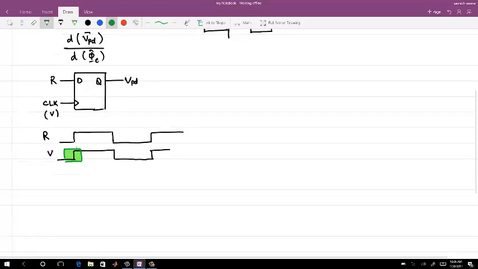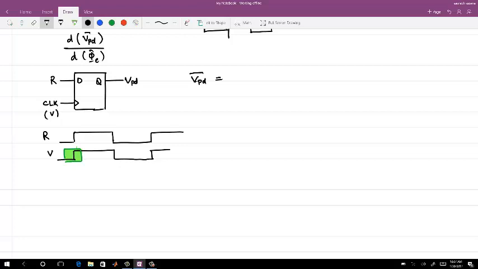So now, if I ask what is the average value of VPD, what is the way to proceed? R is coming at a fixed instant of time in absolute time reference, whereas the clock edge is coming early or late depending on the noise.